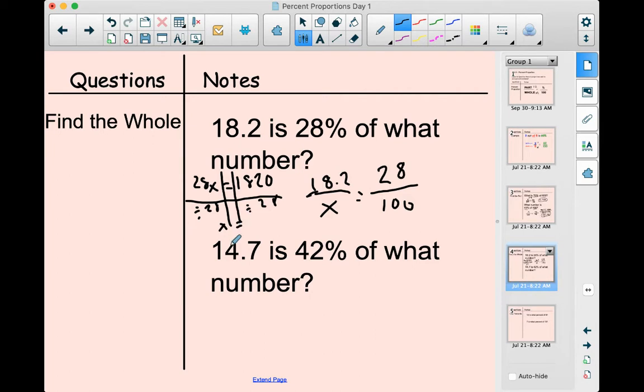So we have 1820 divided by 28. I'll pull up my calculator and give that a shot. 1820 divided by 28 is 65. So x equals 65.